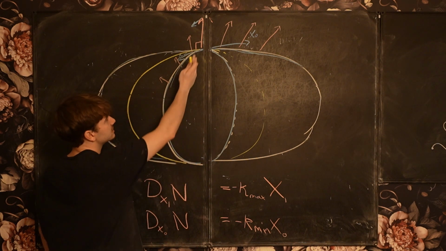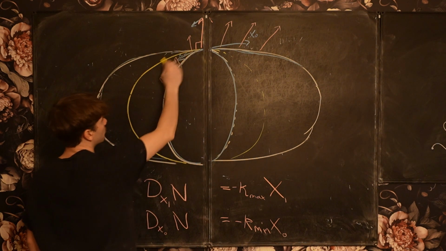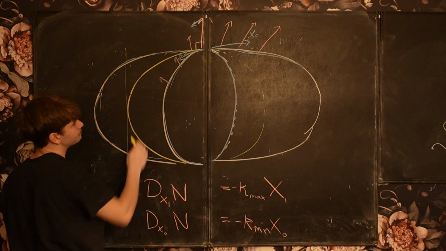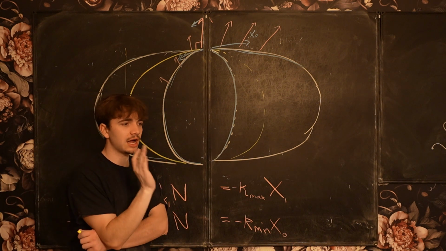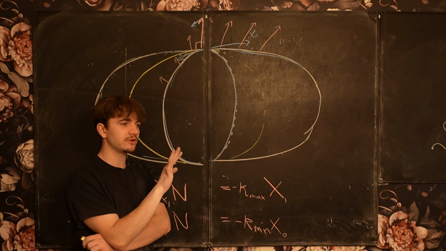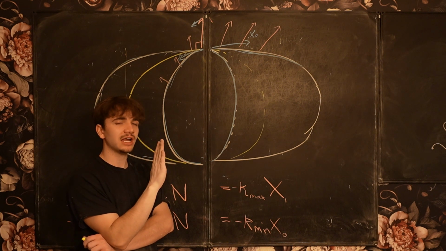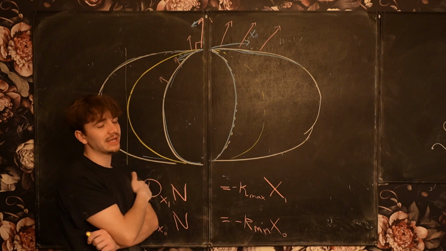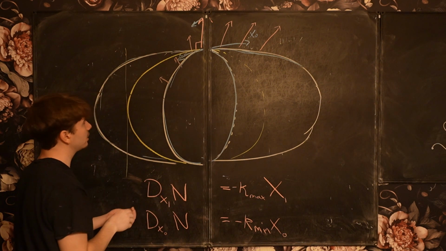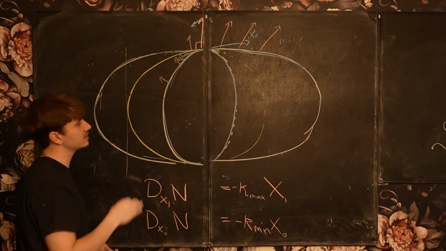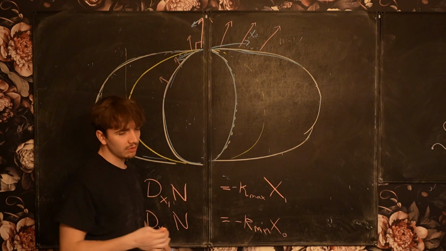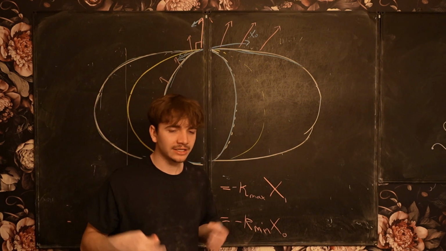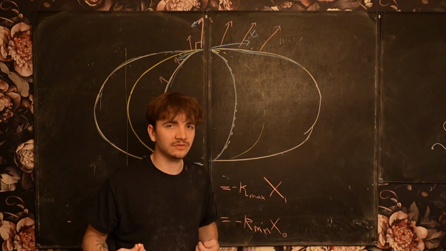Just slice it still with the plane through the normal vector, but now in a direction that's not in the direction of the most curvature, not in the direction of the least curvature, but just angled, and still passing through the normal vector. And if I look at what the normal vector is doing along this slice, then the normal vector is actually not changing in the direction of this slice, okay?